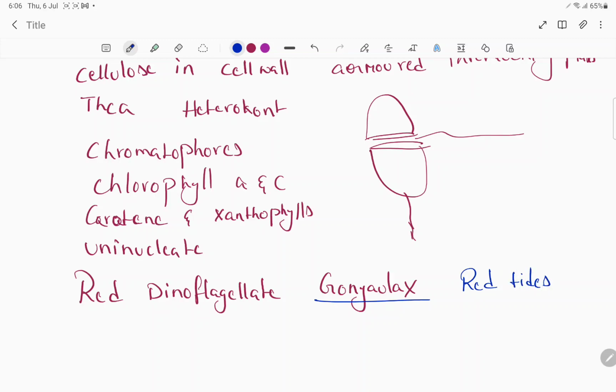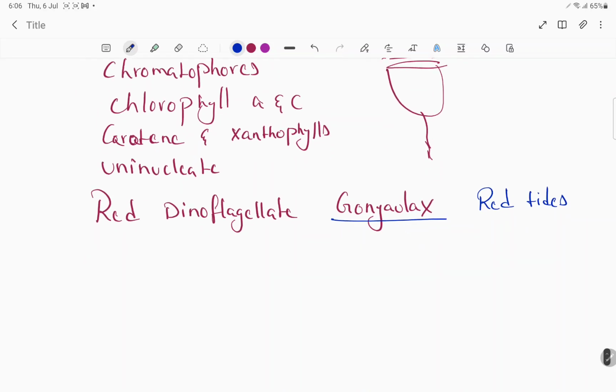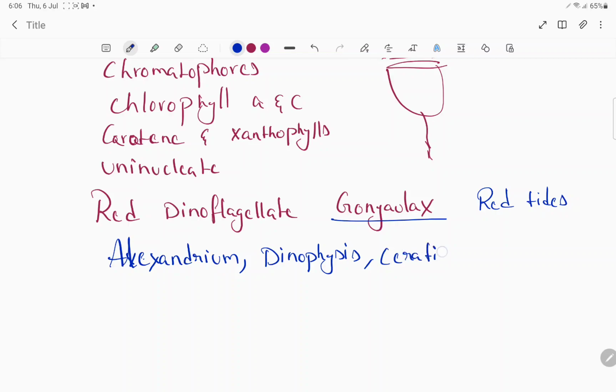Toxins released by such a large number even kill other organisms, such as fishes. Examples: Gonyaulax, Alexandrium, Dinophysis, Ceratium, right? So these are the things.